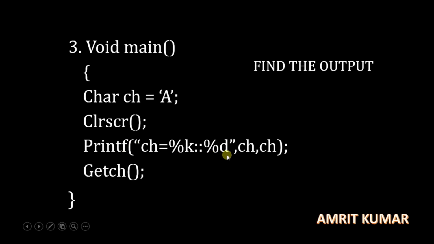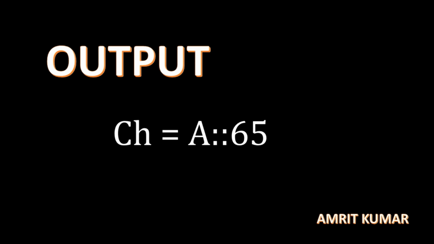Finally, its ASCII value, that is 65. So this is how our third question is going to be solved. So I think you have solved the question, and your output may be right like this.